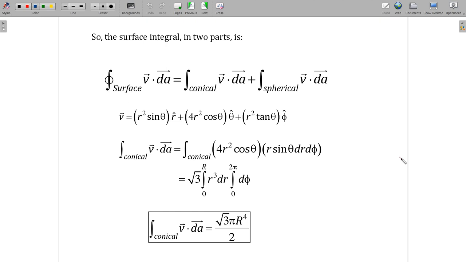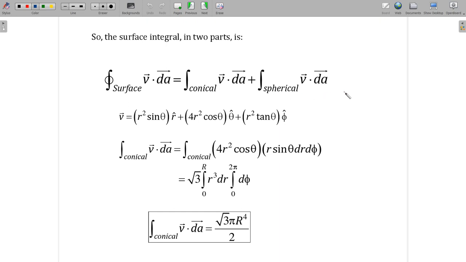This right hand side is the integral which calculates the flux. So v dot dA integrated over the entire surface is the total flux of this vector field through the surface, right? To cover the entire surface, we have to include the entire conical surface and also the entire spherical surface.